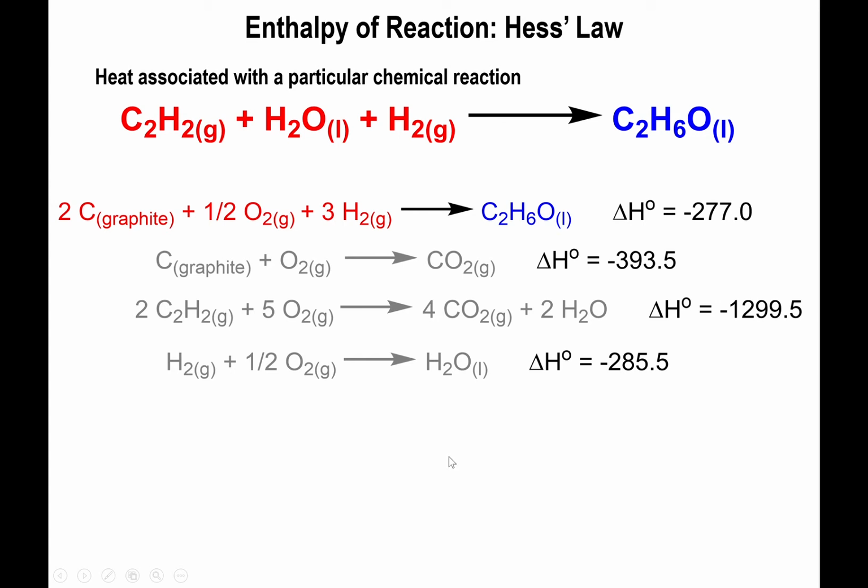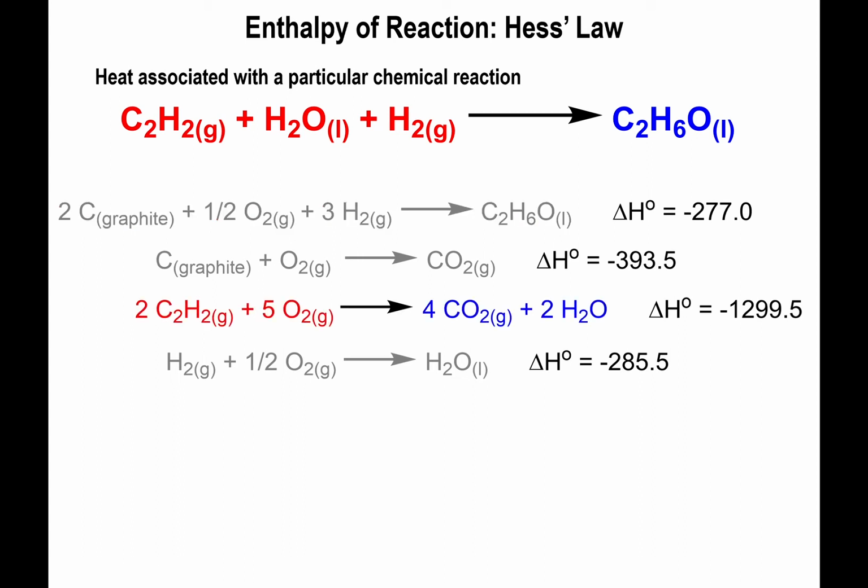So what this tells you is that you want to make sure that this equation, which has the molecule that you want in the correct place, namely the product side, with the right amount, you basically want to make sure that you lock this equation in place. You don't change it, you don't do anything to it, because if you do change it, you will change the amount of C2H6O, and by doing that, you'll mess up what you're trying to get at the very end, which is simply 1 mole of C2H6O. So the first equation is locked in place, you can't change it.